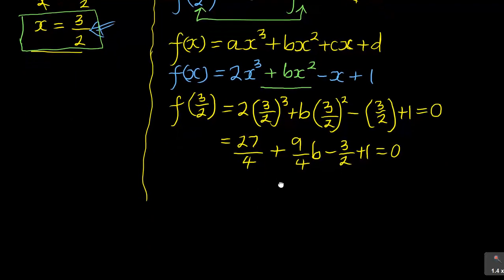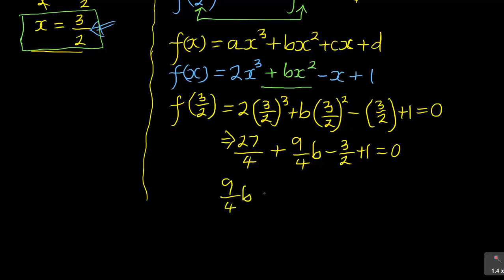And then what you need to do is solve for b. So actually here I don't need an equal sign, now I need an arrow. So you take all the numbers to the other side of the equal sign. So you'll have 9 over 4 b is equal to, the 27 over 4 will become negative 27 over 4, and then the negative 3 over 2 will become positive 3 over 2, and then it's negative 1.